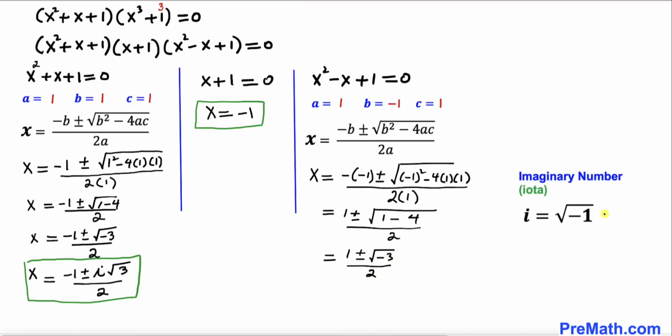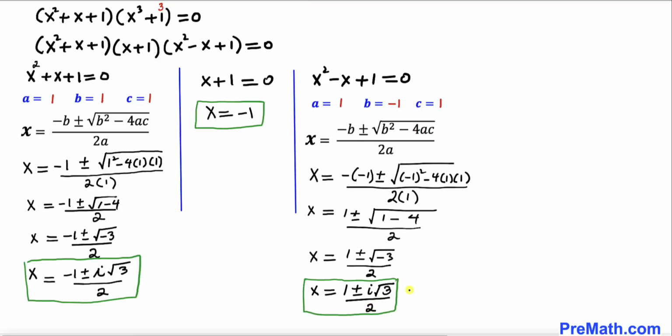Now let's recall i equals the square root of -1, which is an imaginary number. So our x value is (1 ± i√3)/2. And we can see that we got two more complex solutions as well.